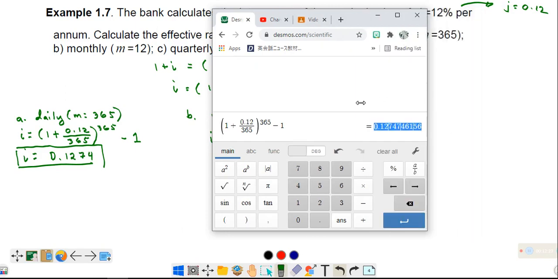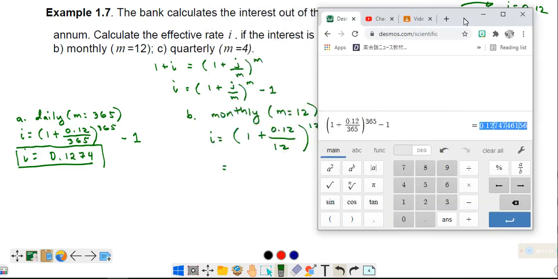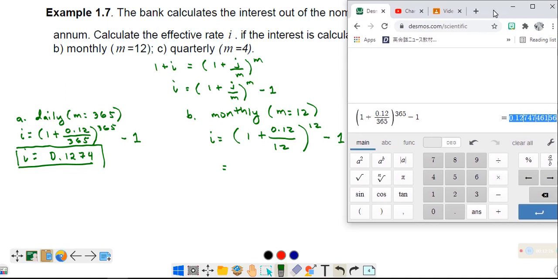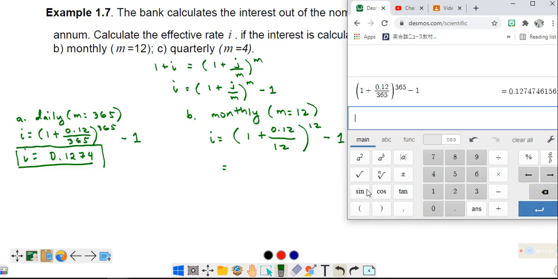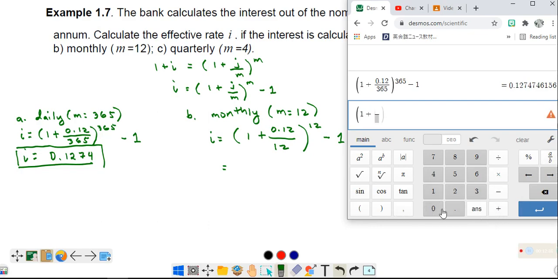Our I will then be equal to, buksan natin yung scientific calculator natin. Yun. So, dito na tayo, open parenthesis 1 plus, insert tayo ng fraction, 0.12 on the numerator, 12 on the denominator, and close our parenthesis.